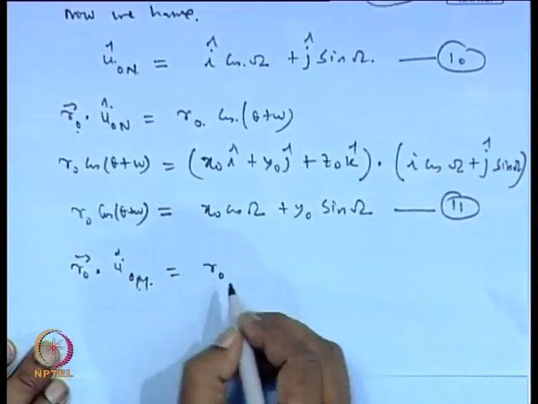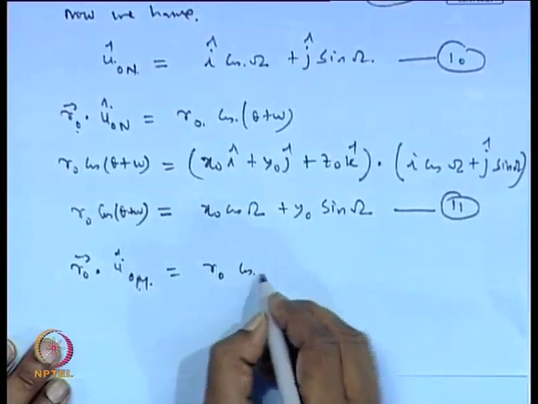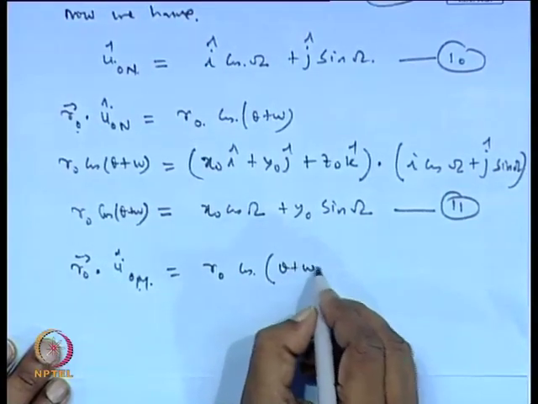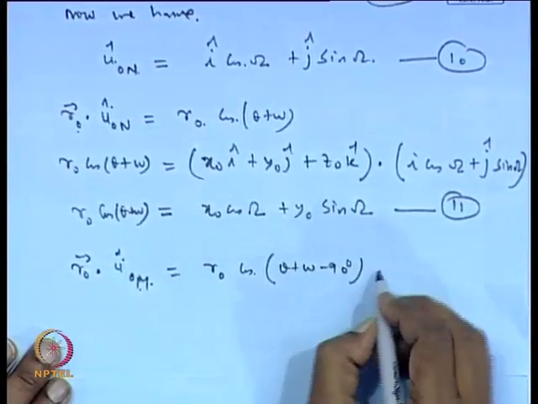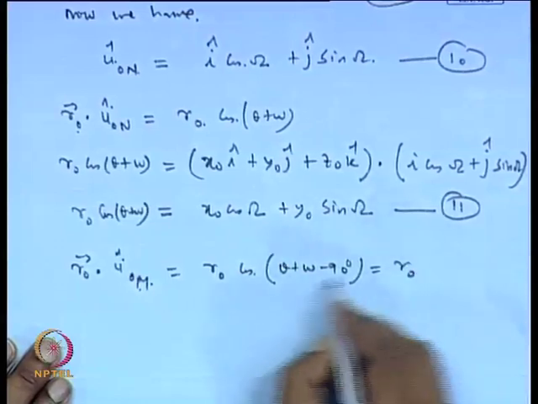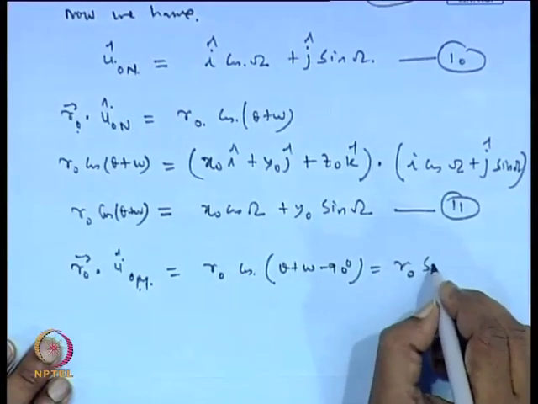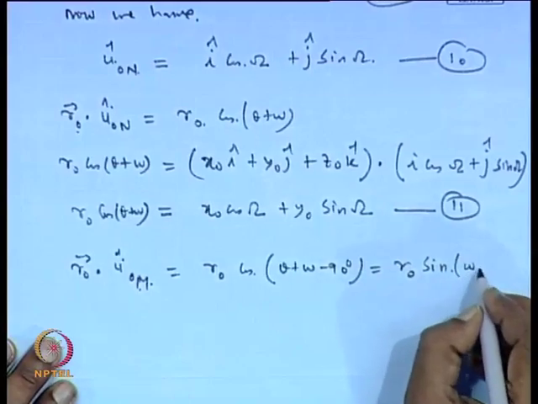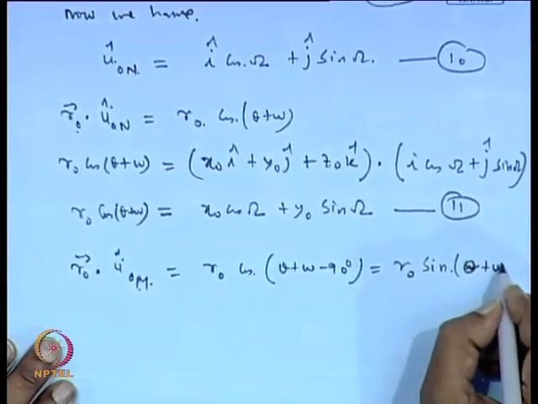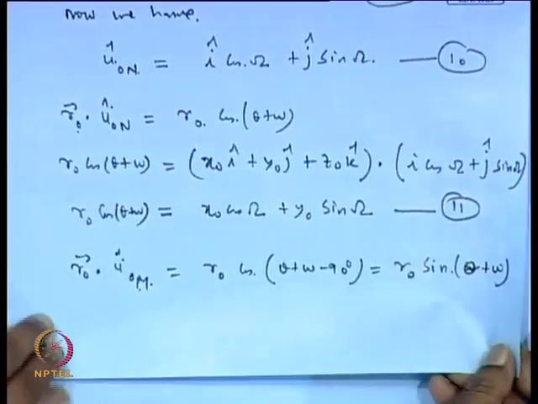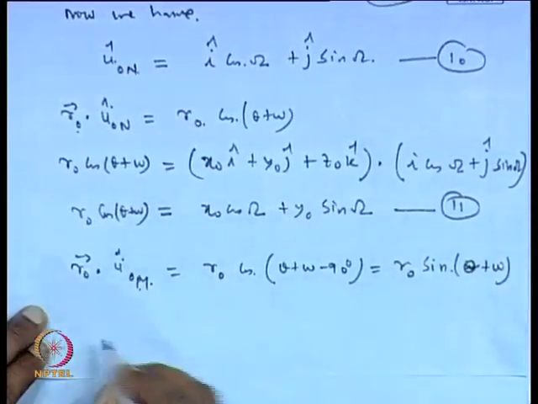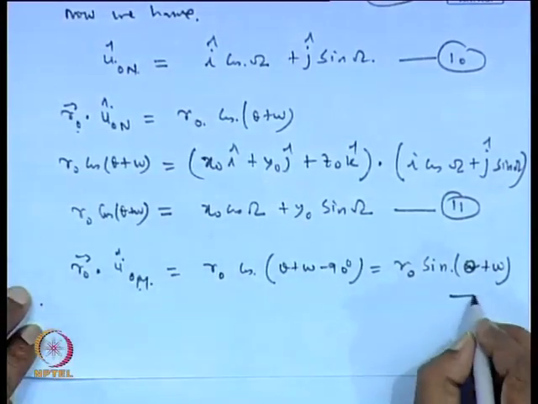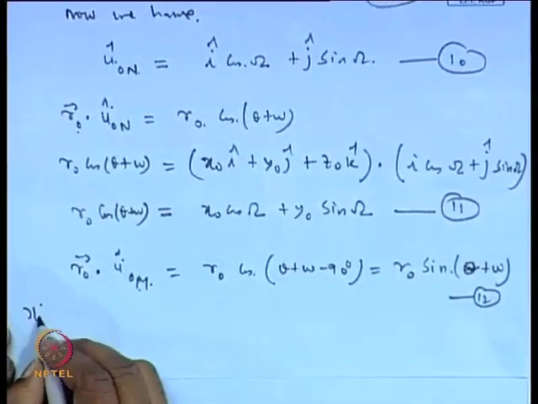So, this will be r0 times cos(theta plus omega minus 90 degree). So, this will be r0 sin(theta plus omega).